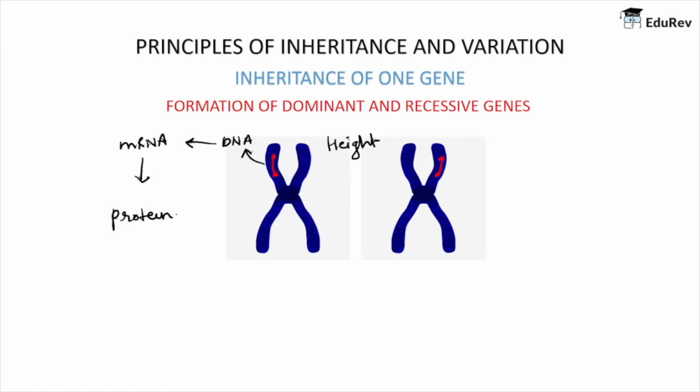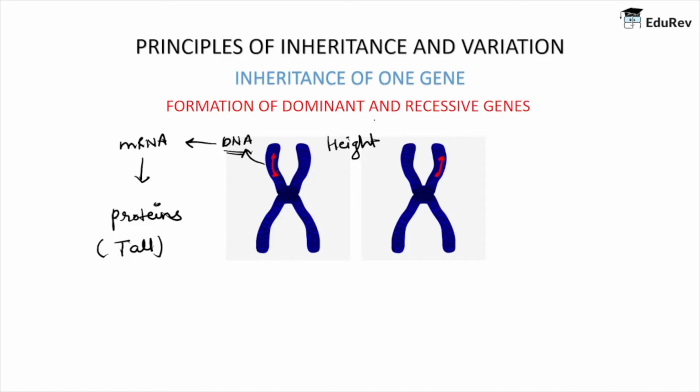Now, if this gene is encoding for height, then the proteins which are produced in this case are giving height to the plant. So I will write down, it is because of these proteins produced from this section of DNA that the plant is tall.